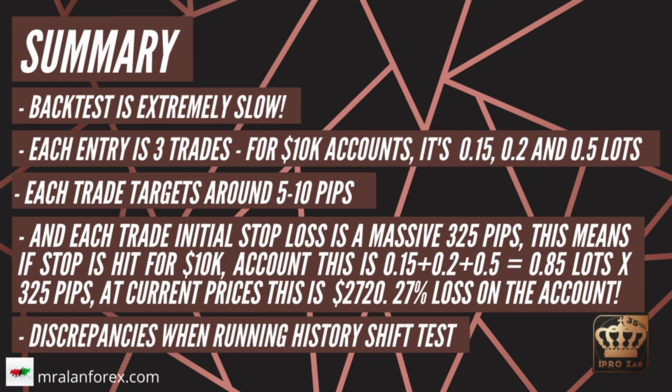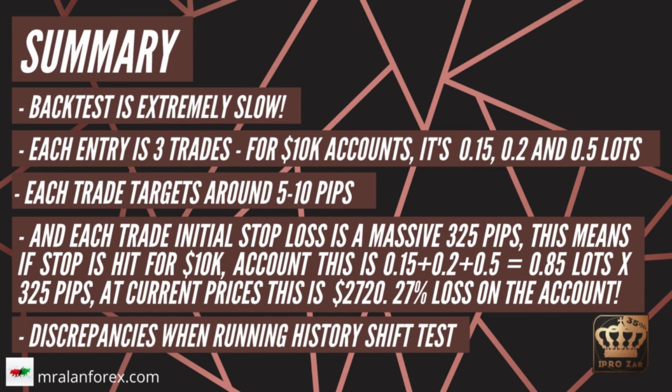The other thing is that in the backtest you can see that each trade is actually 3 trades. For a 10k account, one trade is 0.15 lots, the second one is 0.2 and the third one is 0.5 lots. So in total that's 0.85 lot traded per 10k account. And each trade is targeting just 5 to 10 pips. However, the stop for each of these trades is a massive 325 pips.